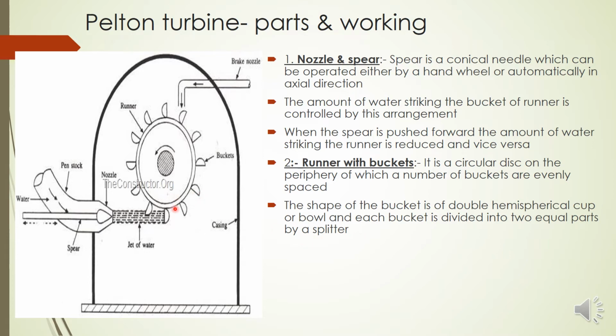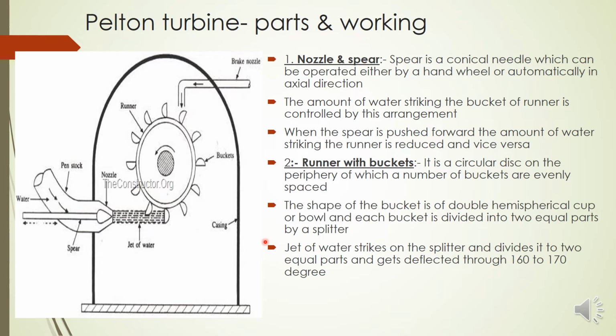Each bucket is a double hemispherical cup, and at the center we have a splitter that splits it into 2 equal parts. When the water strikes, it first strikes the splitter, the water is divided into two parts, and it will deflect through about 160 degrees.